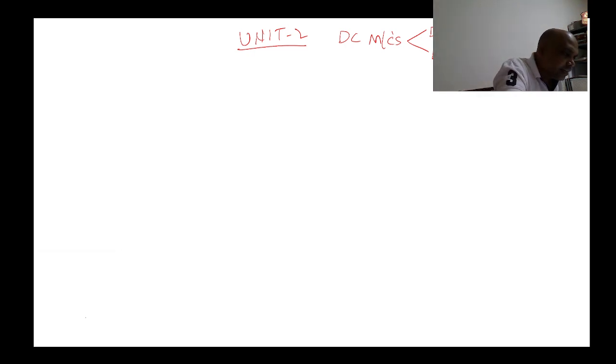For a DC generator, the input is mechanical and the output is electrical. Similarly, for a DC motor, the input is electrical and the output is mechanical. So DC machines are classified into two types: DC generator and DC motor.